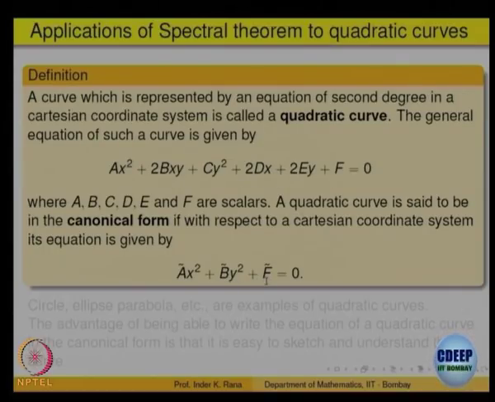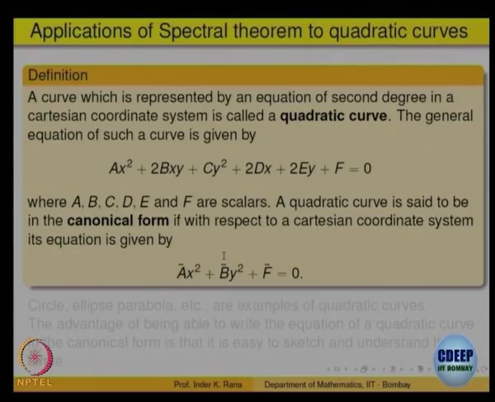Supposing your equation looks like this, that means this b is 0, then d is 0 and e is 0. Supposing it is a special type of equation, then that form is called the canonical form of the quadratic form.